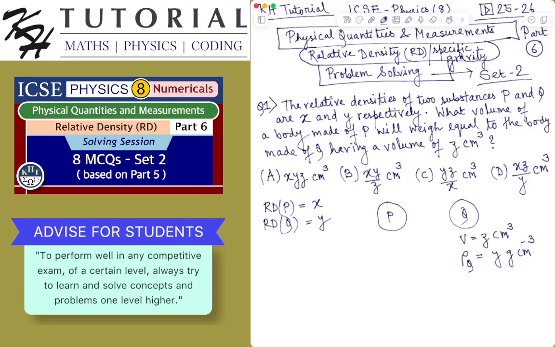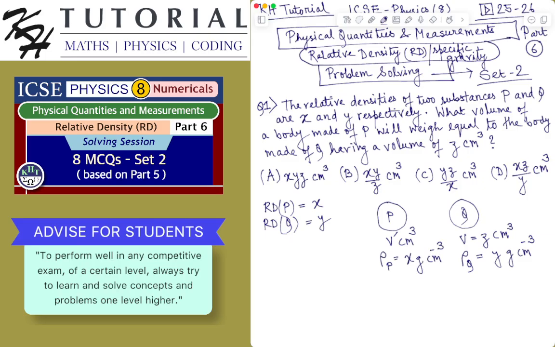Now for the body made of P, let's say the volume required is V dash centimeter cube. We have to find V dash. Also we know the relative density of the substance P is given to be X. So we can say the density of the substance P will be X gram per centimeter cube.